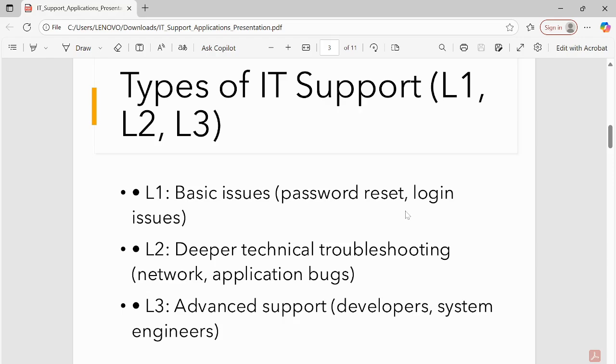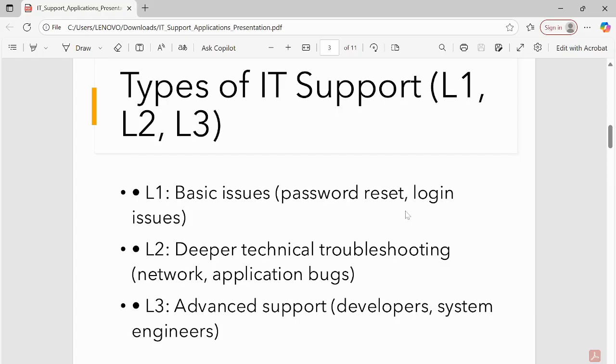In this case, you have to take control of the user machine and check the user system deeply yourself: whether there are application bugs, cache issues, or network issues, or whether the user has not restarted the machine or cleared their caches.